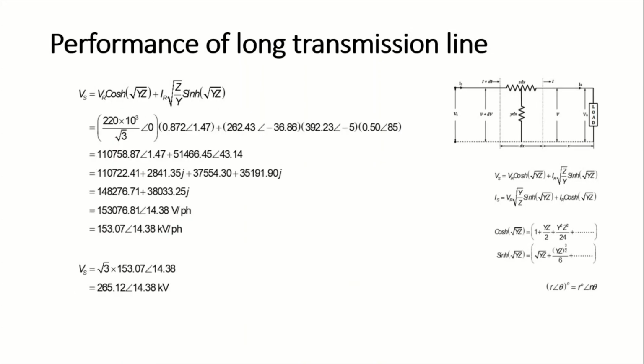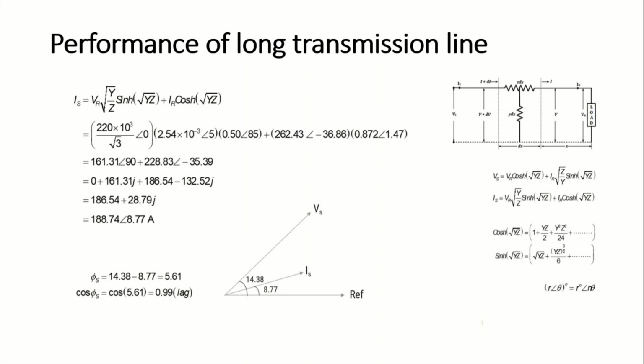So we get 153.07 and the angle is 14.38. This is a phase value. We require a line value, so convert this phase value into line value by multiplying with root 3.